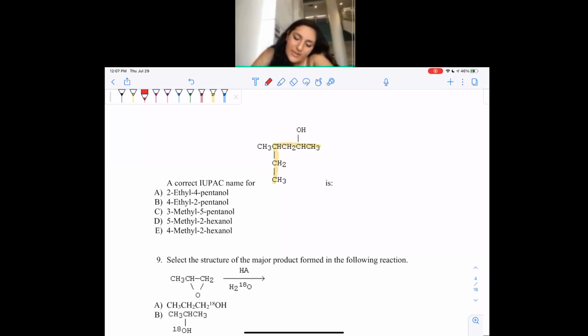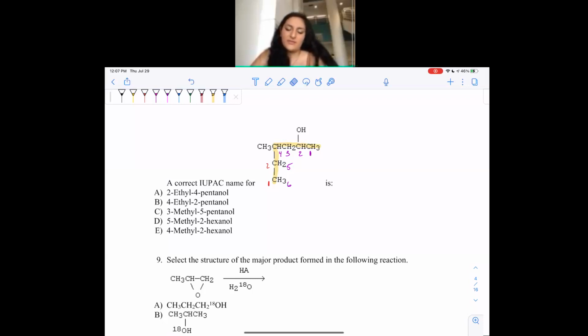So if we number starting from here, we go 1, 2, 3, 4, 5, 6, and we have a substituent on 3 and 5, versus if we start here, it would be 1, 2, 3, 4, 5, 6, so the substituents would be on 2 and 4. I like 2 and 4 better because those are the smaller numbers.